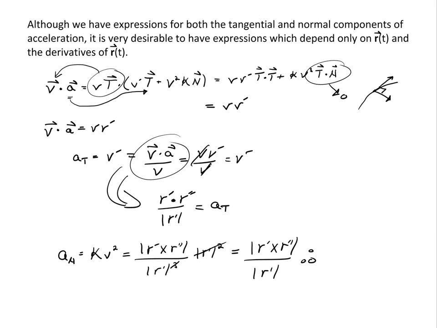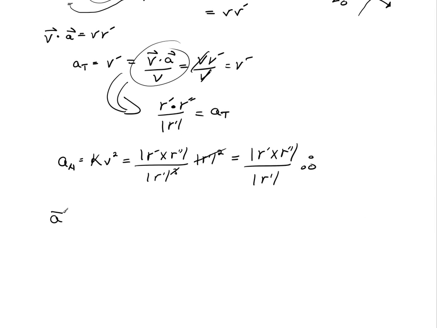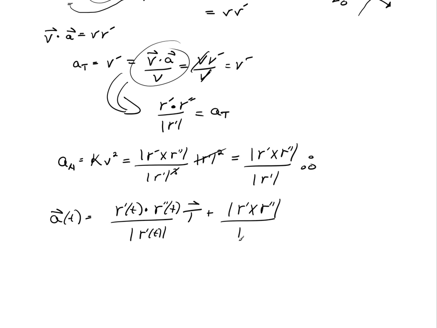Therefore, I can write this acceleration vector, which is still a function of t, as r prime of t dot r double prime of t over the magnitude of r prime of t times T, plus the magnitude of r prime cross r double prime divided by the magnitude of r prime times the unit normal vector N. Again, these capital letters, when you see them, you know what they are.